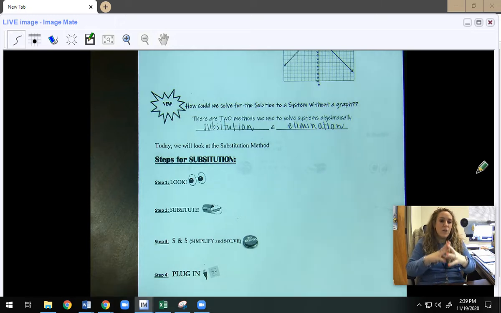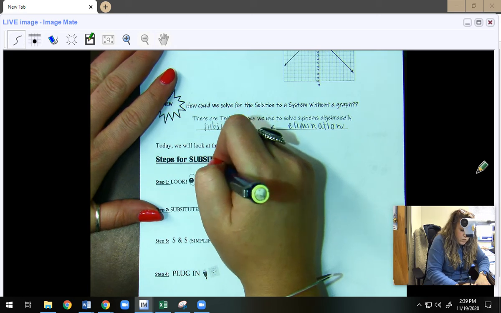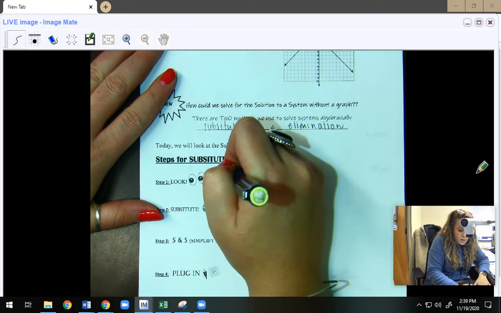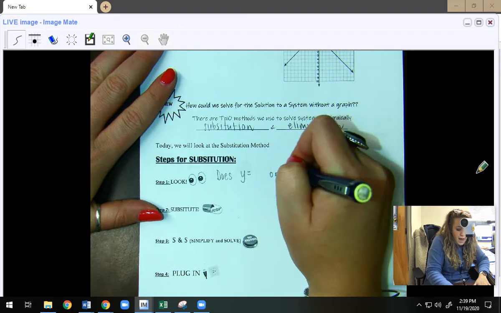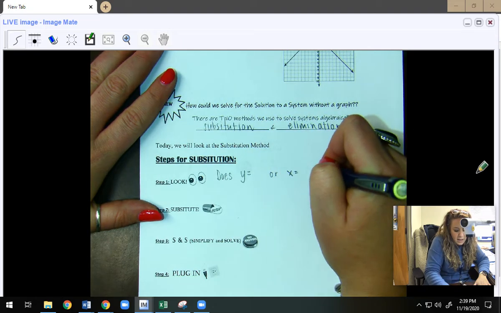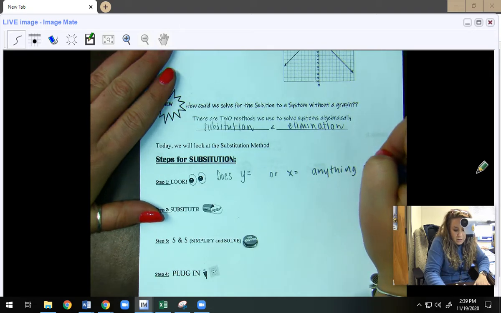But when you're looking for steps for substitution, the first thing you want to do is use your eyeballs and look. What you're looking for is, ask yourself, does y equal or x equal anything already?